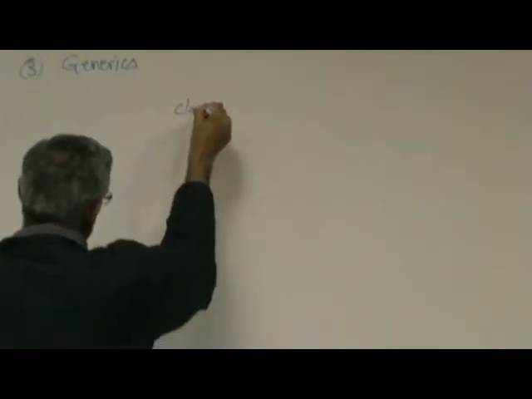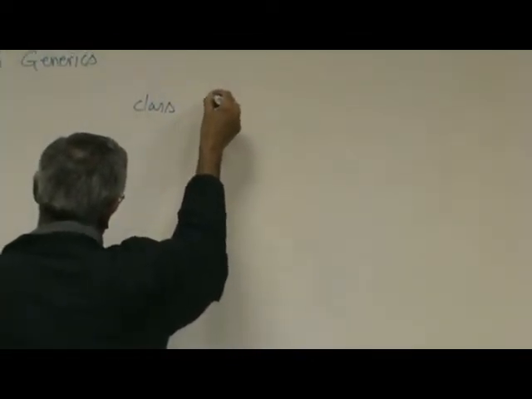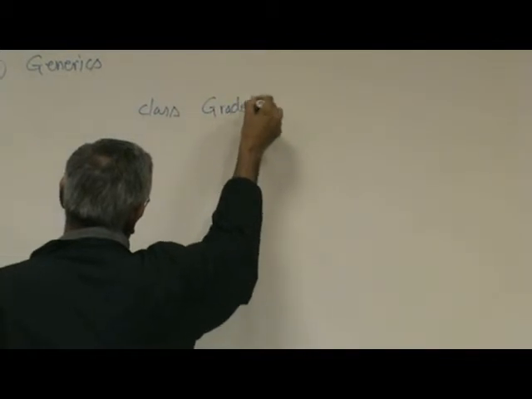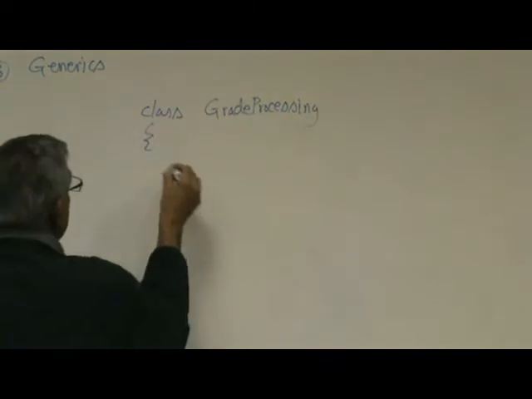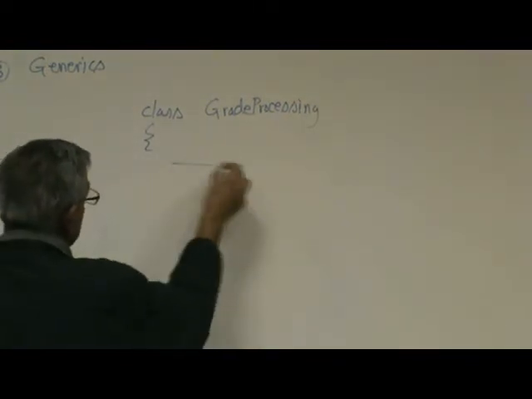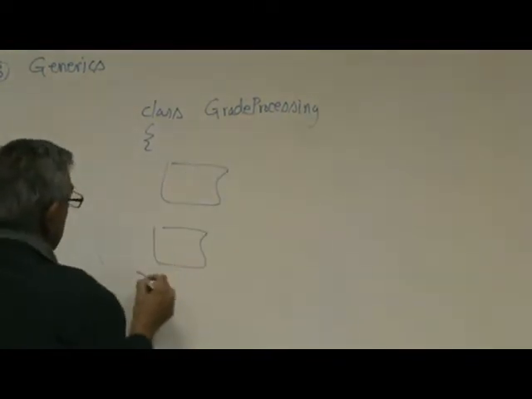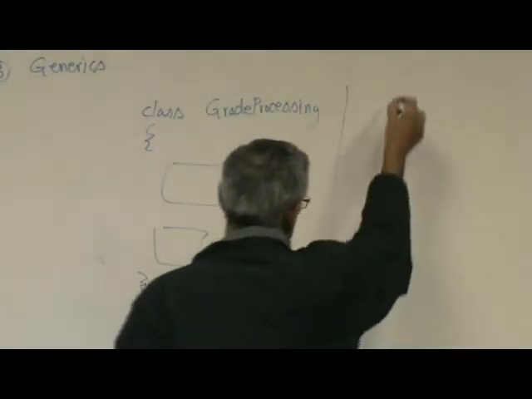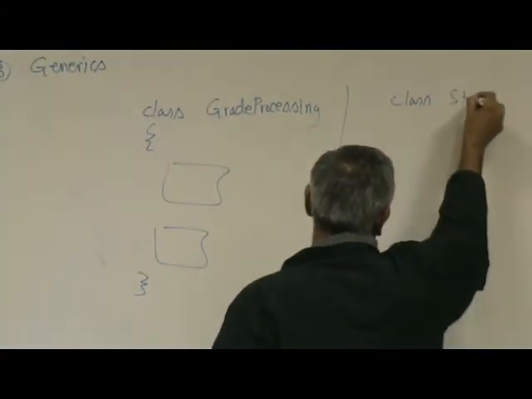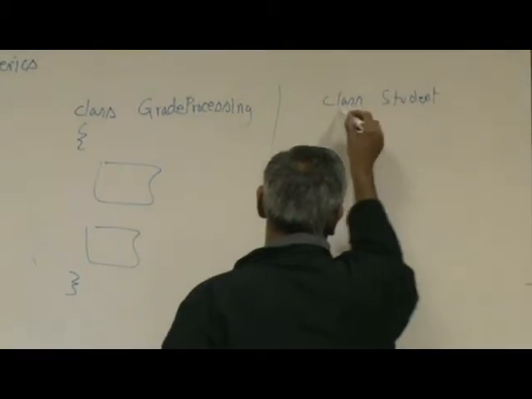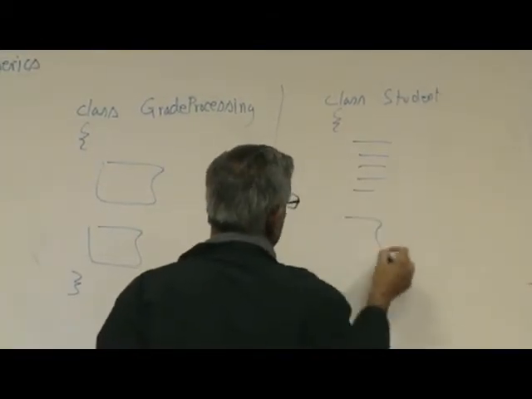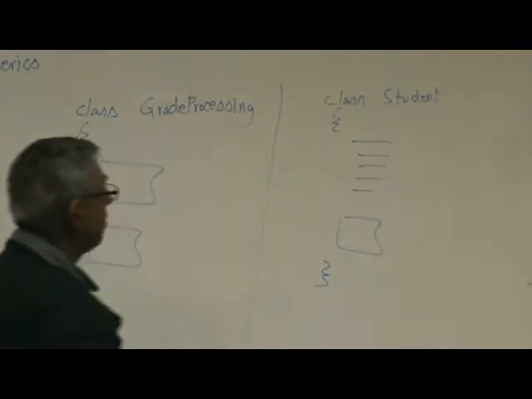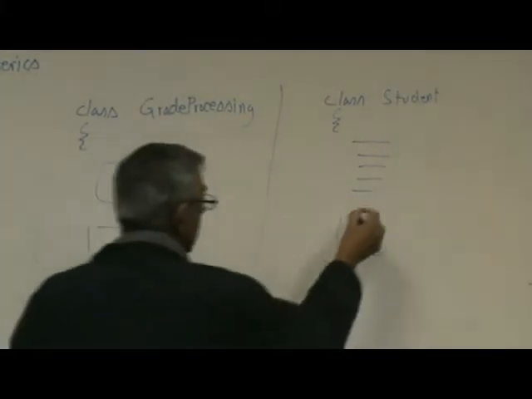You wrote a class called GradeProcessing, and you wrote a few methods over here. Then there's a class called Student. You have a few fields over here, and you have the compute grade method over here. So pretend this is the compute grade.